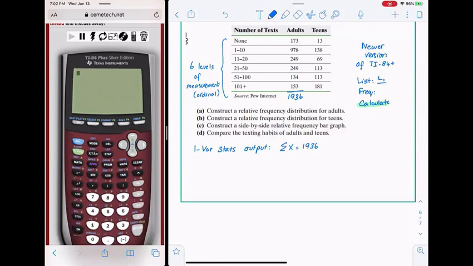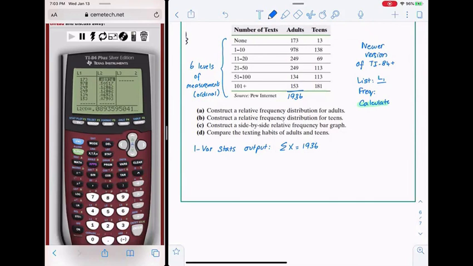So all we have to do is go back to start. Number one, press the right arrow to move to list two, and press the up arrow to move to the column header. Now enter second one divided by 1936, which is the total. Hit enter. It automatically summarizes the values for adults.